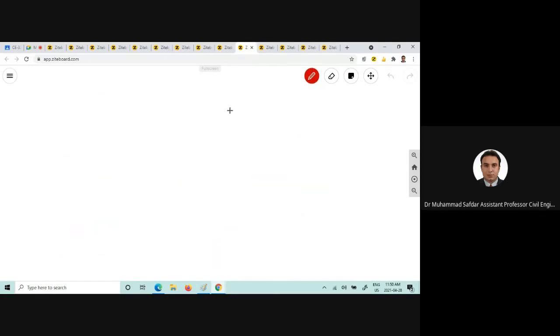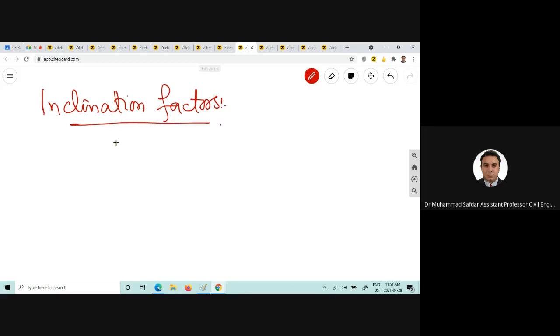Now we are going to find out the inclination factors. In order to find out the inclination factors, we are going to use the theta equation.